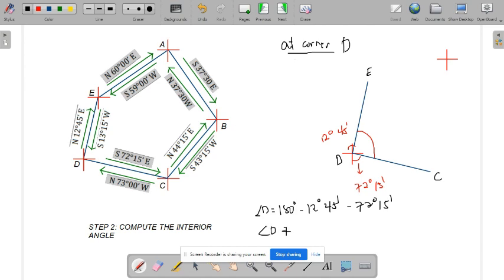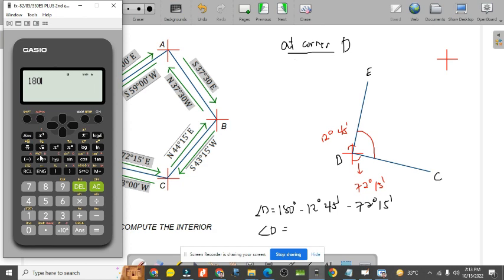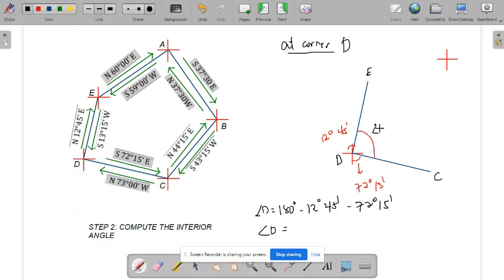So angle D is equal to 180 degrees less 12 degrees 45 minutes, then less 72 degrees 15 minutes. So this is 95 degrees. So angle D is equal to 95 degrees. Right, we're almost there.